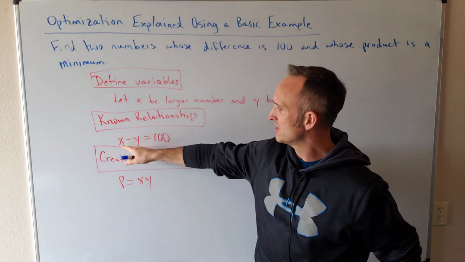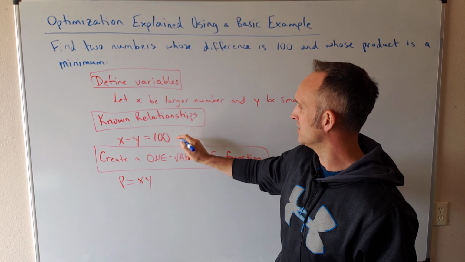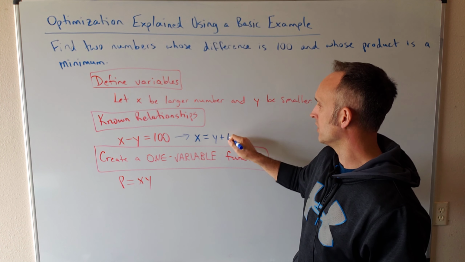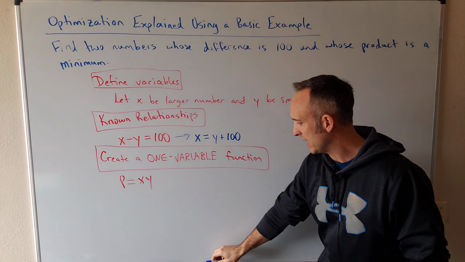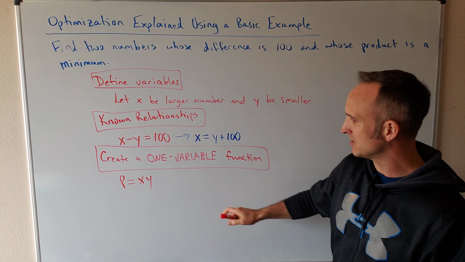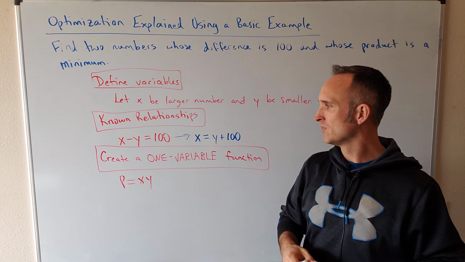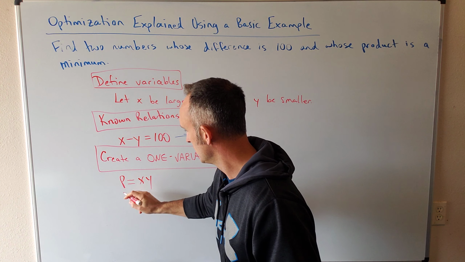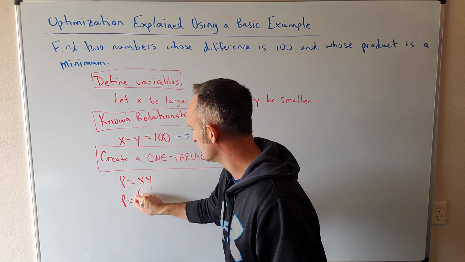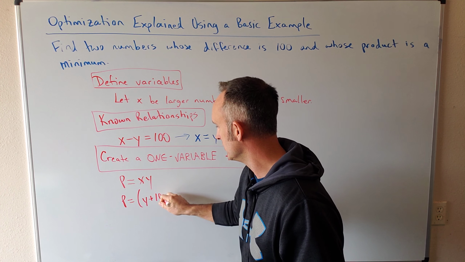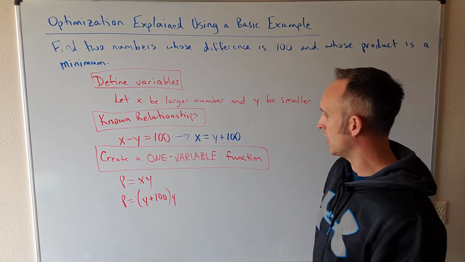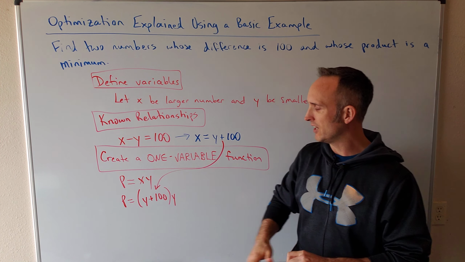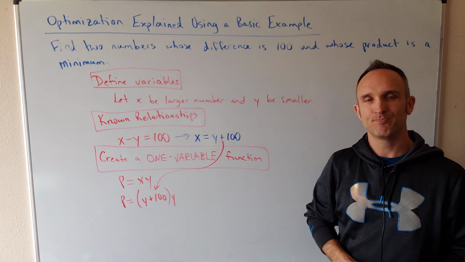Okay, so in this case I could add y to both sides and I could see that x equals y plus 100. And so that's going to allow me to rewrite my product function replacing x with y plus 100. So P equals y plus 100 times y. And now I've got a function with one variable.